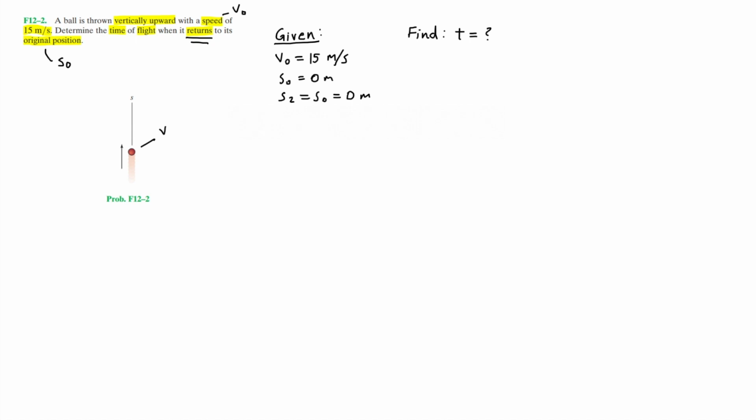Well, of course, just like any other object, this is gravity. So therefore, this ball will have a constant downward acceleration due to gravity g, which is approximately 9.81 meters per second squared. And once again, this is a constant acceleration, meaning that it does not increase or decrease over time.